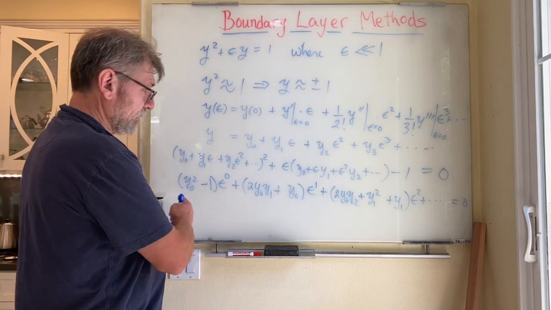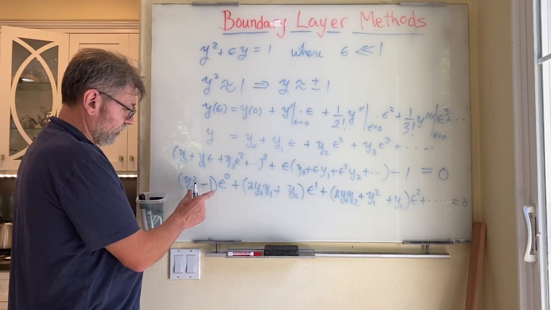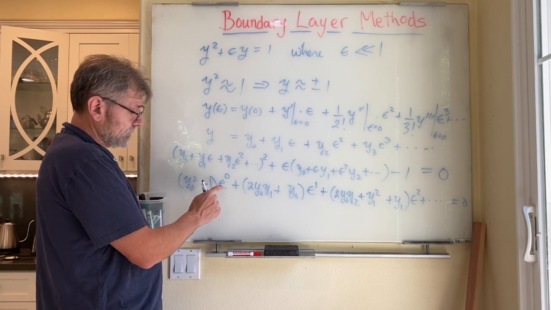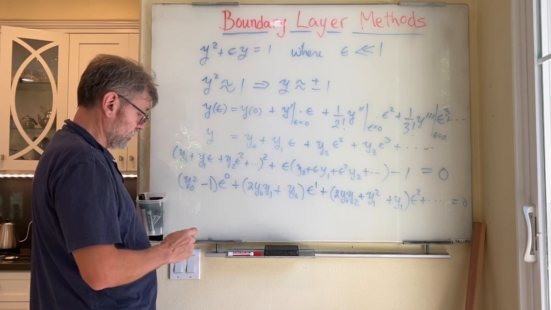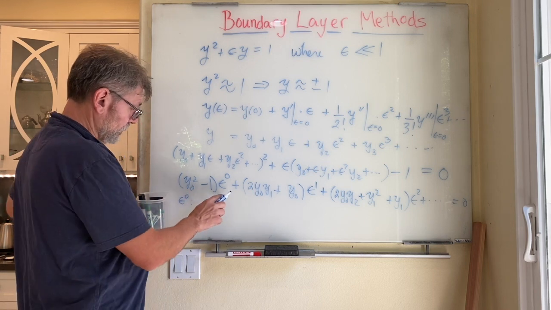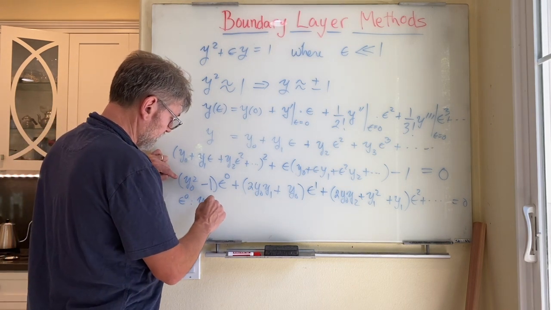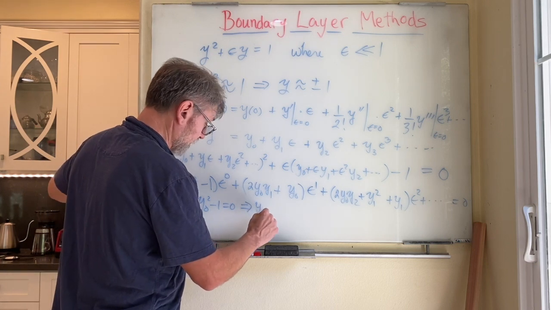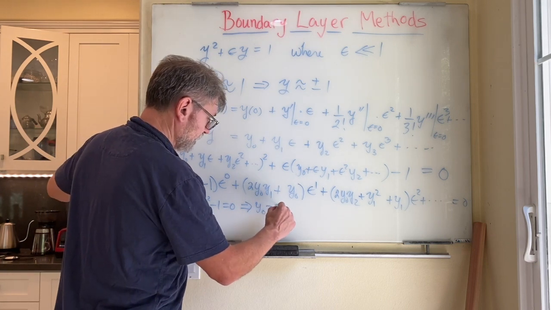So the only way that equation could be true in general is if the first coefficient equals 0, the coefficient that multiplies epsilon to the power of 0. So that means that from the epsilon to the 0 term, I know that y naught squared minus 1 equals 0, which means that y naught is equal to plus or minus 1.